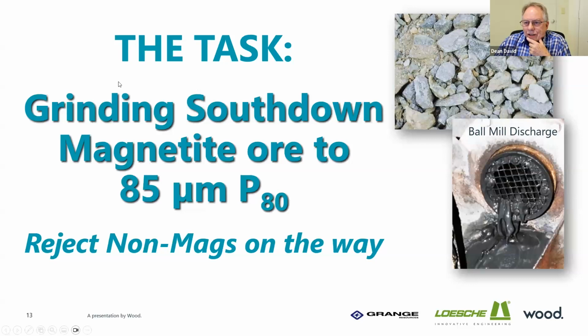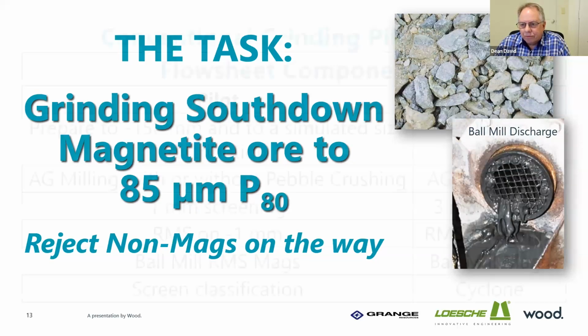So the task for both milling options we're looking at is to grind it, as I said, to 85 microns and to reject non-mags on the way through. If you don't do that, we can't actually compare properly to the AG circuit option, and you'll see why in a minute.